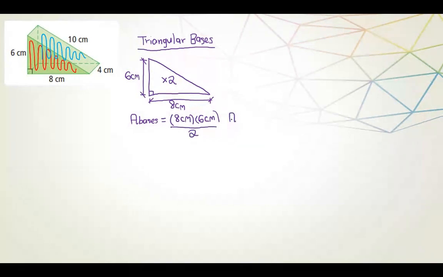So the area of the bases would be 8 times 6 is 48 square centimeters, and you cut that in half and you get 24 square centimeters. Okay, so those are the two triangular bases.